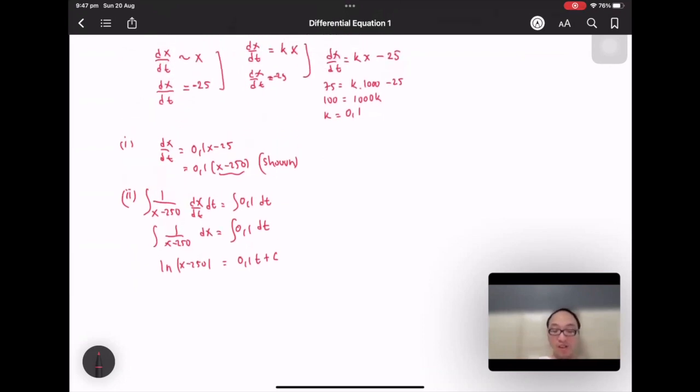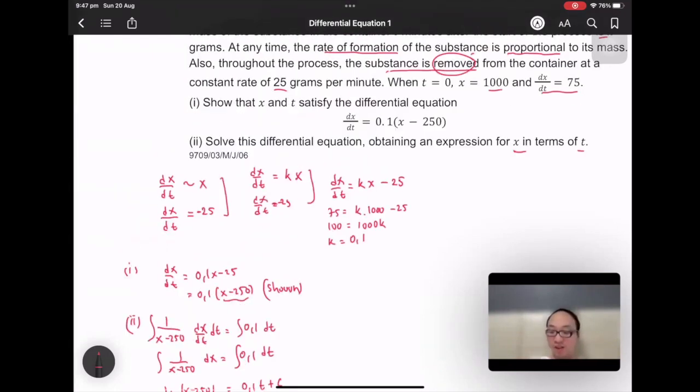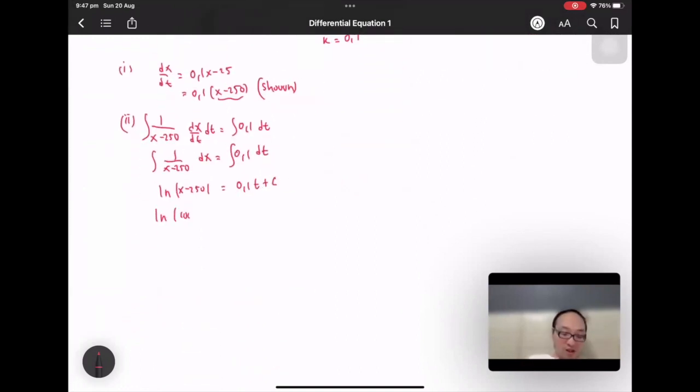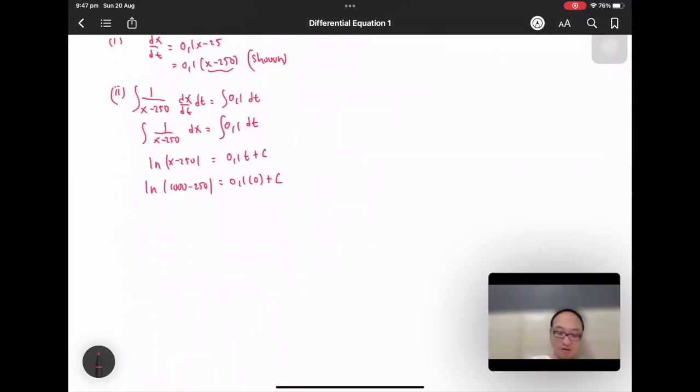So find c using the information that at t equals 0, x equals 1000. So ln(1000 minus 250) equals 0.1 times 0 plus c. So that means c is ln 750. So the equation is ln|x minus 250| equals 0.1t plus ln 750.